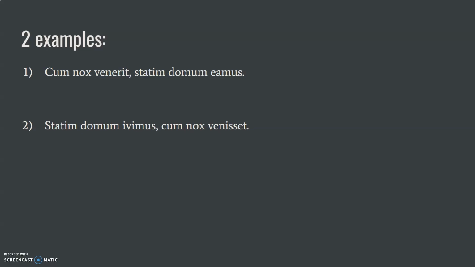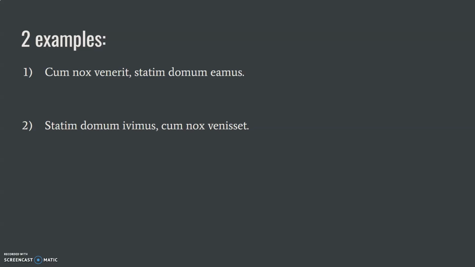Cum, because night, and then we have to stop for a minute, is it the same time or prior time? Eamus, independent usage of the subjunctive, shows us that we're in primary sequence. Primary sequence at the same time would take the present subjunctive. Prior time would take the perfect subjunctive. Venerit is a perfect subjunctive, so we're in prior time. Because night came, let us immediately go home.